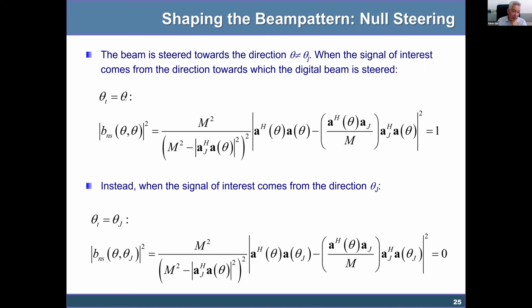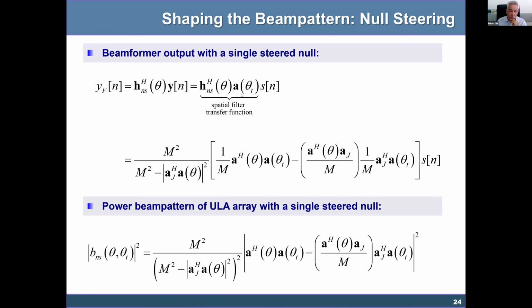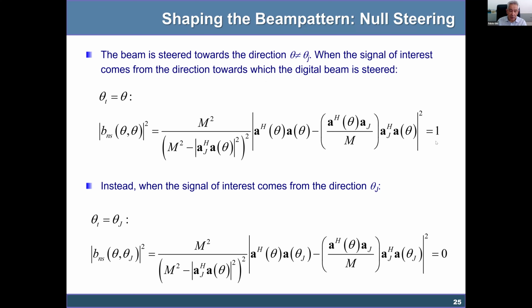If the signal of interest is coming from a direction theta t, which is equal to the steering direction, so if theta t is equal to theta, the beam pattern is equal to 1. So this is the beam pattern. If the signal is coming from the steering direction, as correctly we want, the gain is 1.